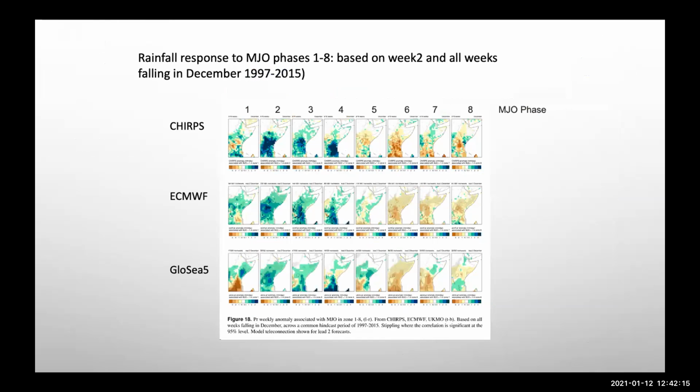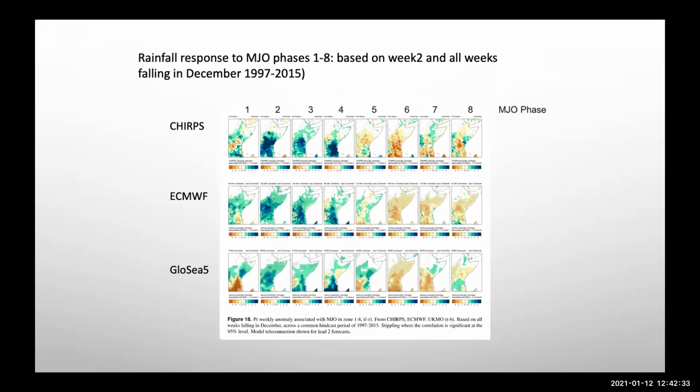Apart from that, as we know, the MAM forecasting in most of East Africa is quite complicated, and therefore we look at MJO and other global drivers.